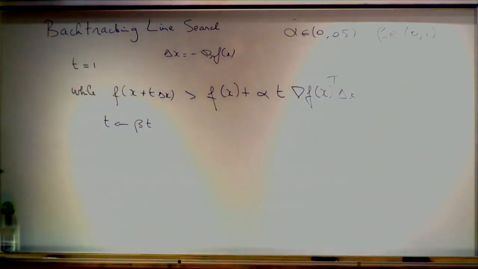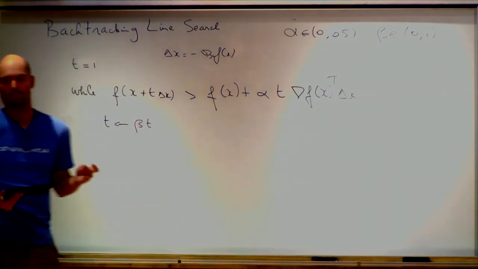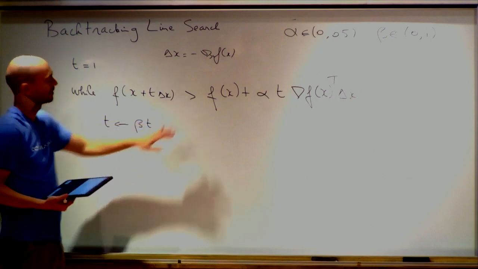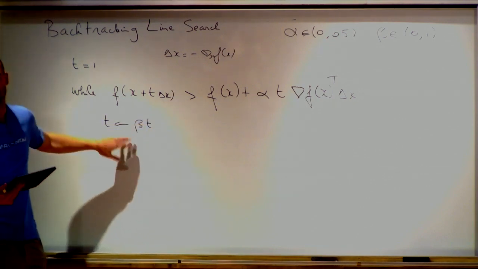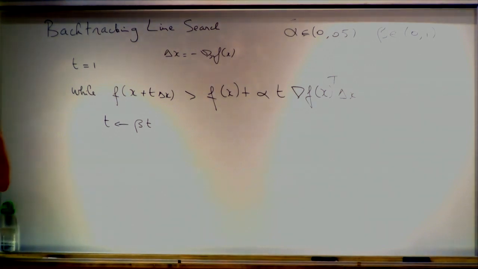So let's take a look at what at a high level is happening. We try some step size, and if the condition is met, in this case means we're unhappy, because we're going to keep going in this loop. If the condition is met, we're going to shrink t, make a smaller step, and repeat. Why might this make sense? We're doing a steepest descent thing.